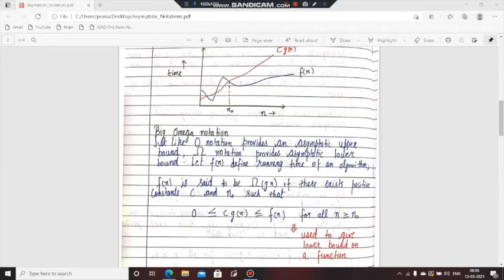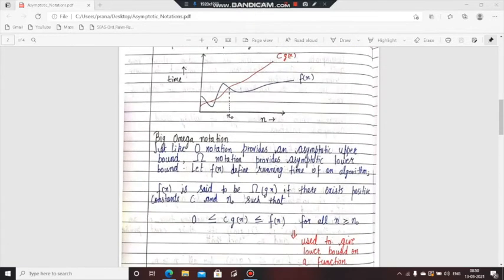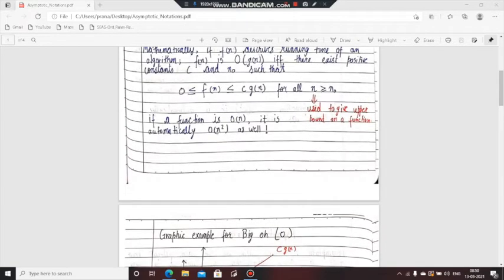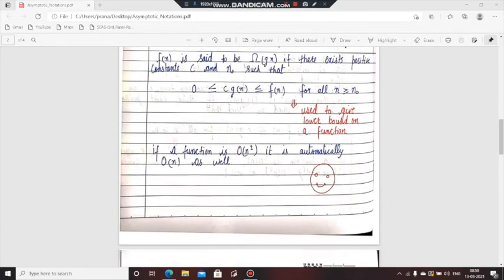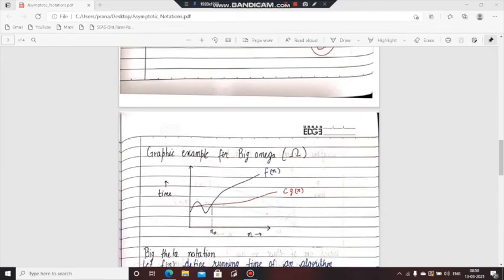If you see the definition, it's very similar to big O, but the case that differs is that it tells us about the lower bound. I'll not explain the definition because it's very complex and you will not understand it very clearly. So I'll just walk you through the graph of big omega.